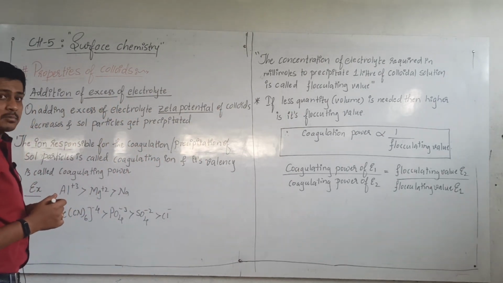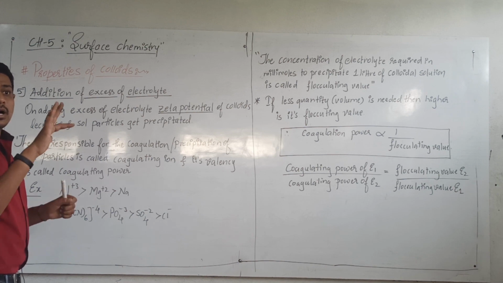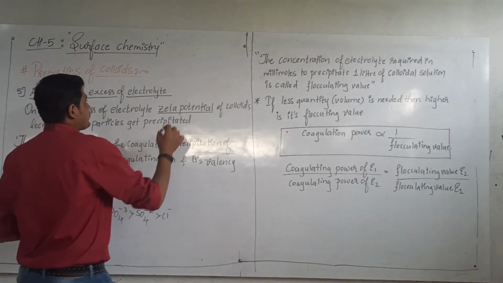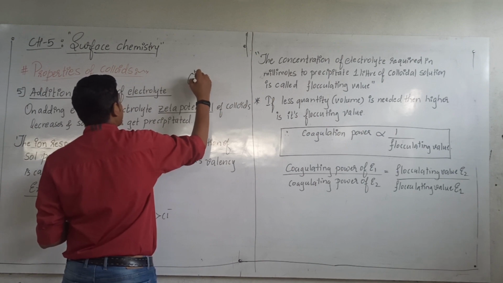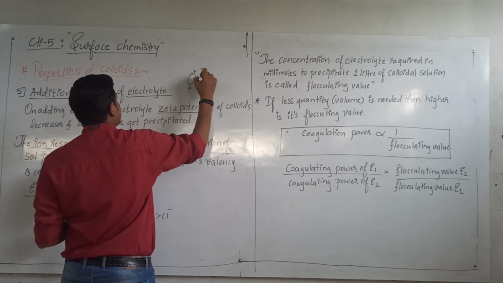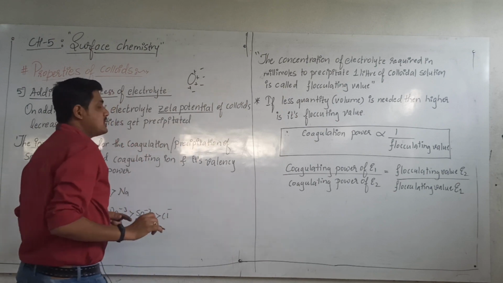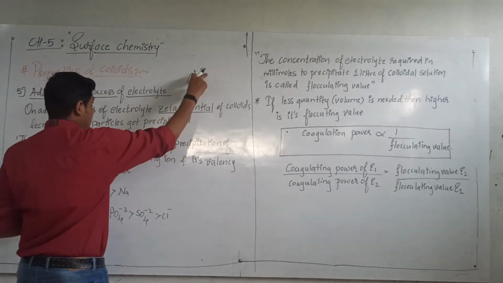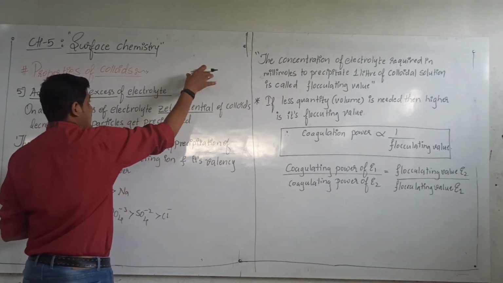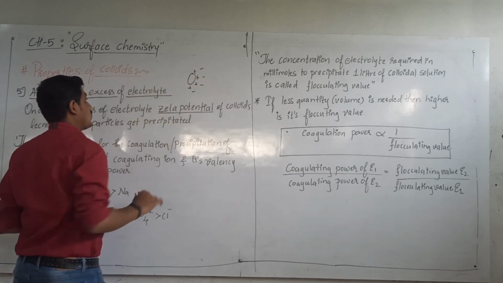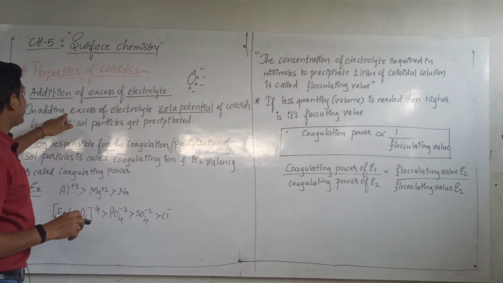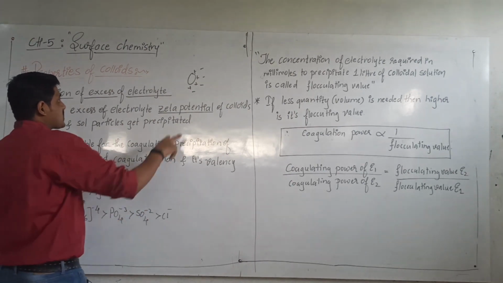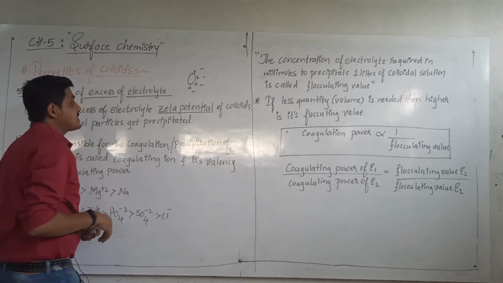Zeta potential is nothing but the potential difference between the two oppositely charged layers. If this is our colloidal particle, then there will be a first layer of positive charges, then a second layer of negative charges. If the potential difference between these two is high, then stability of the colloidal particle will be high. But when we add excess of electrolyte, the potential difference between these two layers will decrease.